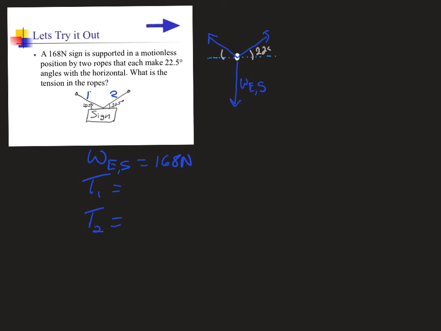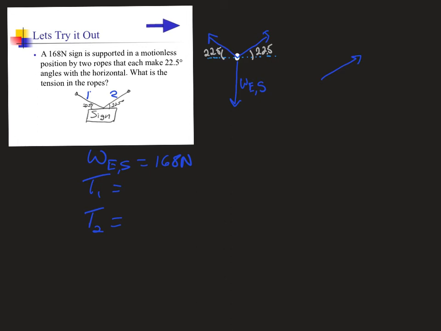Now what we have is a vector problem. In this case, we're not using Newton's second law yet. We're just solving the vector that we have, which means we can just add our vectors.